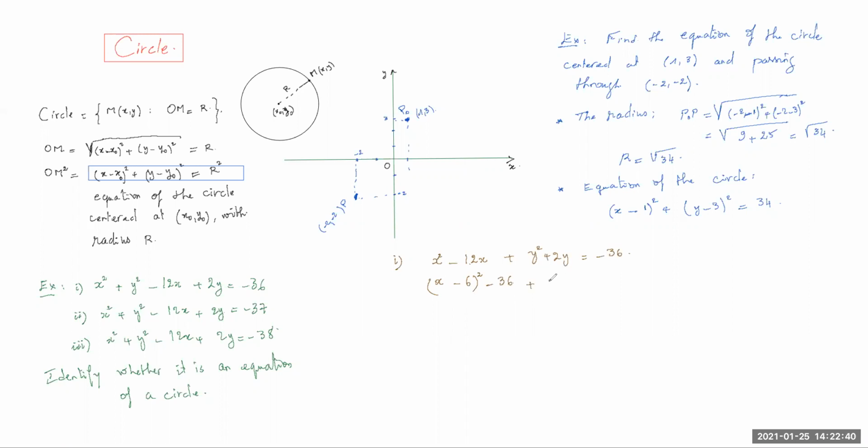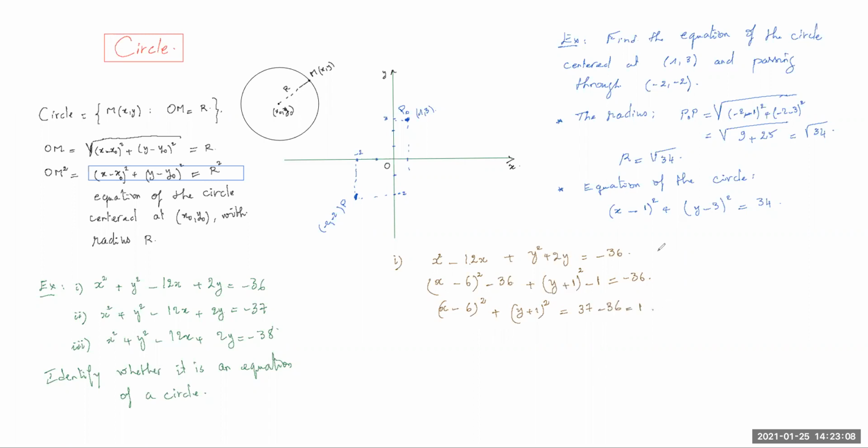And here I have (y + 1)² and subtract 1. If I move the constant to the other side, I will have (x - 6)² + (y + 1)² equal 37 - 36, which is 1.